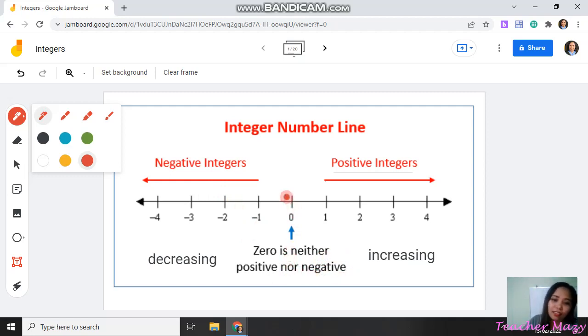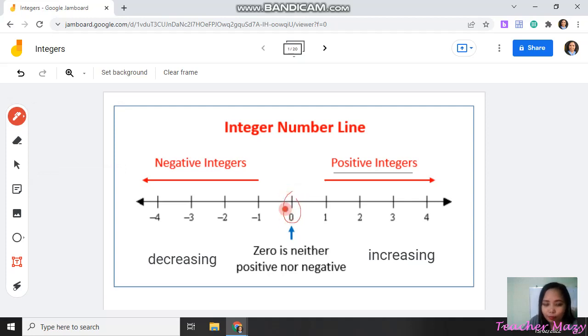It's just 0. From 0 to the right side, the values of integers are increasing, and from 0 to the left side, the values of the integers are decreasing. That means integers on the right side are always bigger than the integers on the left side.